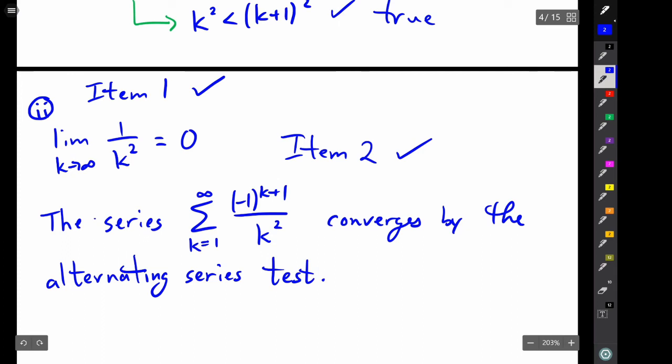Again, we don't know what it converges to, but that's not so important in a lot of cases. Often in math, we don't really need to know what the actual value is. We just need to know, is it finite or not? And that's the most important thing here, and that's what we have an answer to.